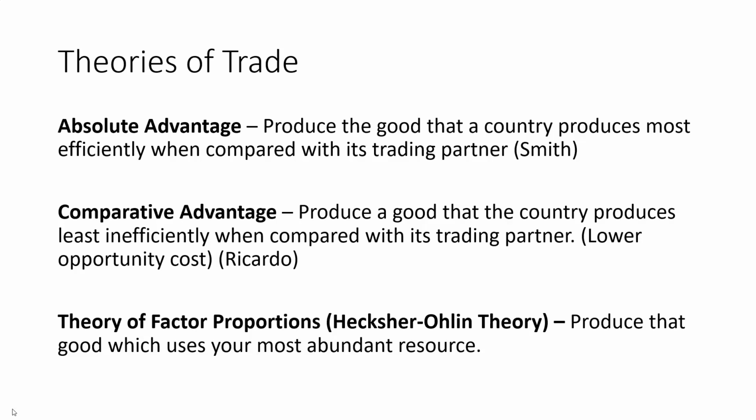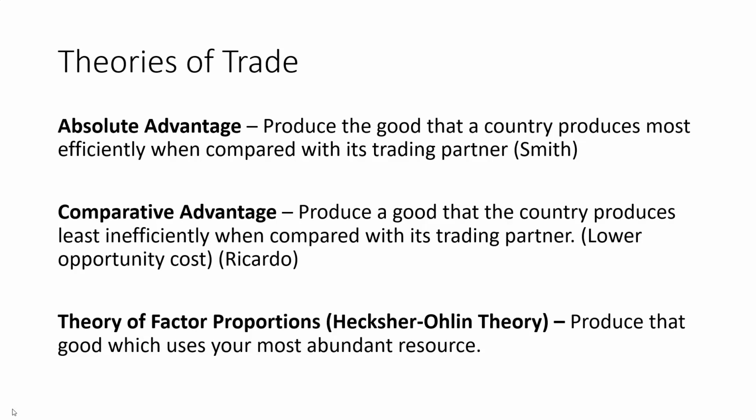Heckscher then taught this theory to his graduate students. One of his PhD students was a gentleman by the name of Ohlin. And Ohlin went on to do work in economics and in the theory of factor proportions. Ohlin actually won one of the first Nobel Prizes in economics for his work.